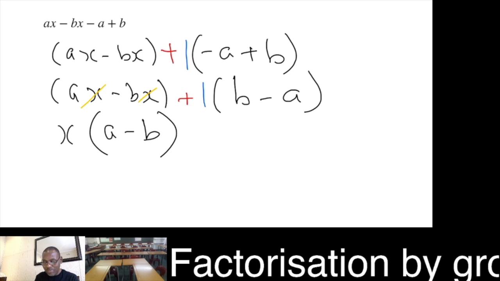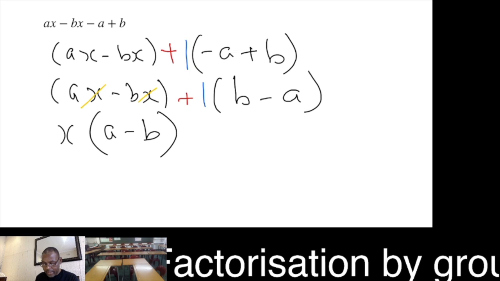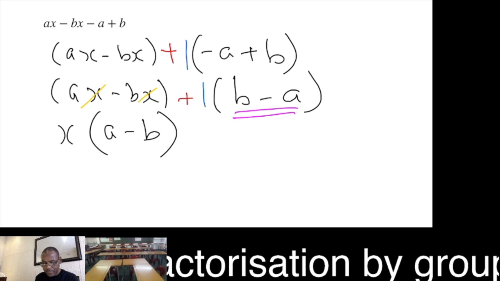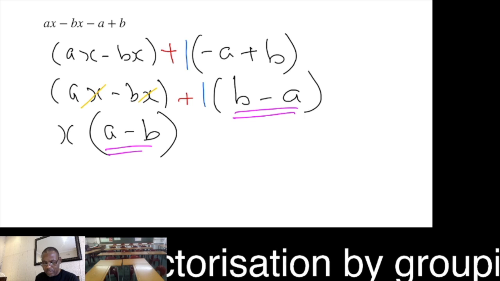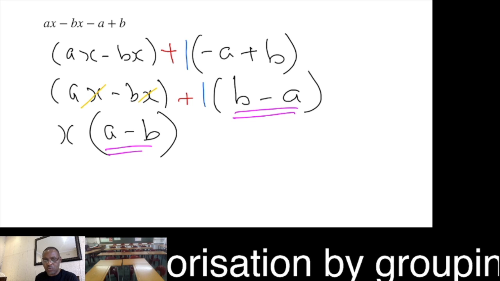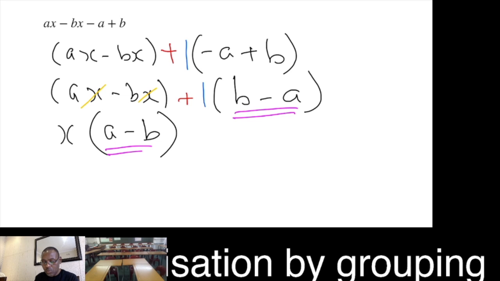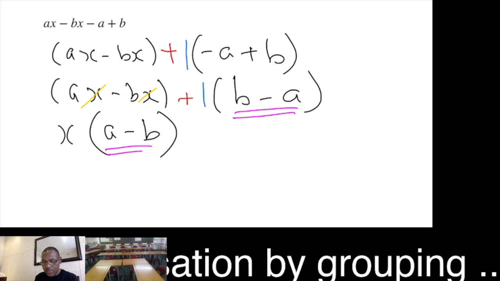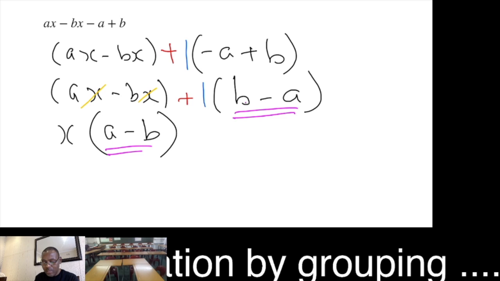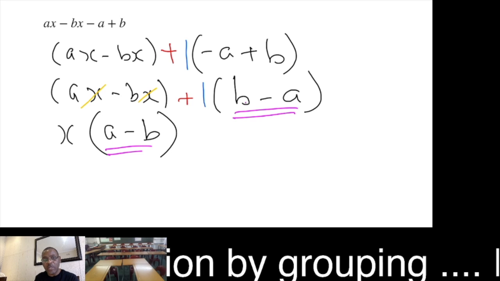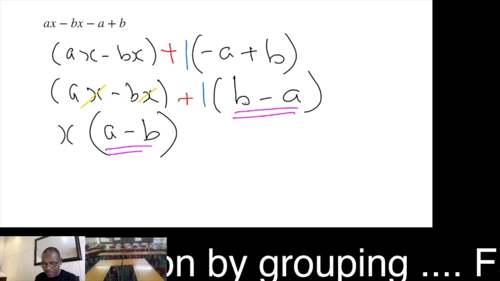Now that one is b minus a, right? So that is b minus a, but this is a minus b. And we really want this to be the same. So you will notice this is where you can now swap this around, but swapping the a and the b around means we have to change the plus sign into a minus sign.